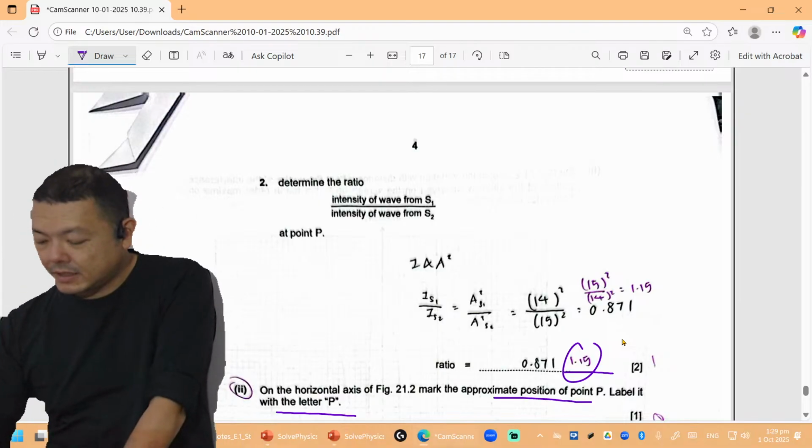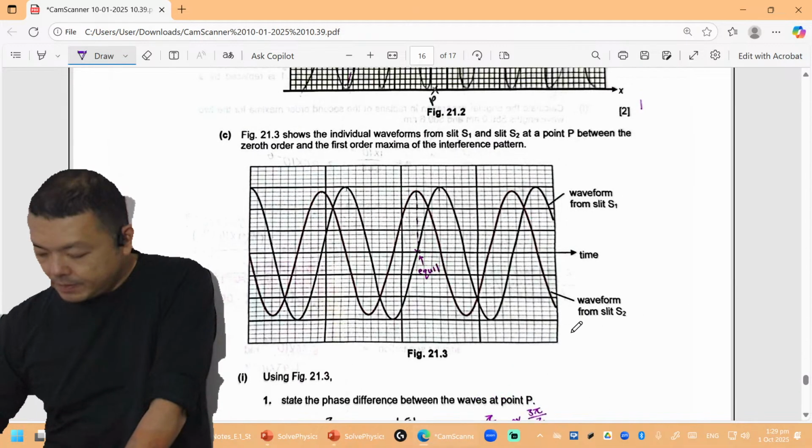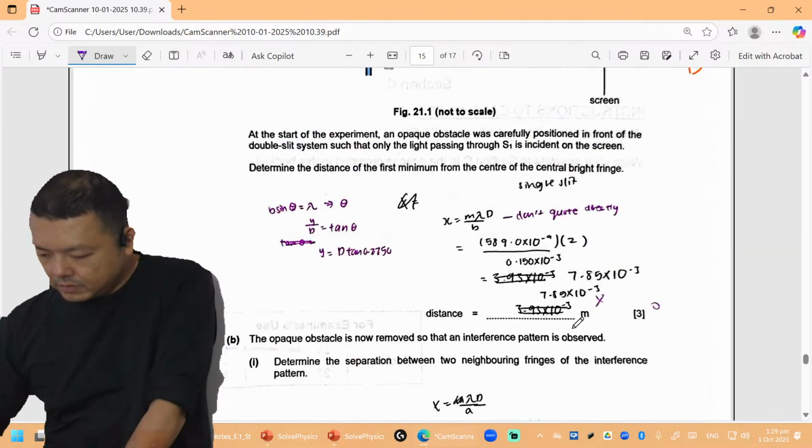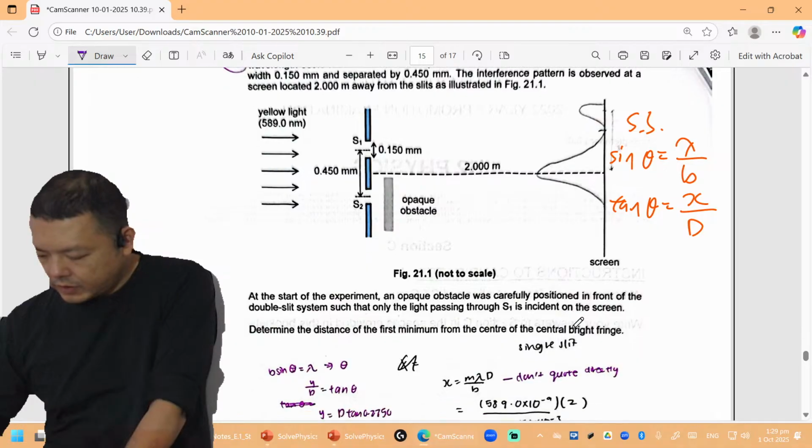Oh man, that's super annoying. Let me think about this first. What's the original intensity from each of them? Original amplitude.